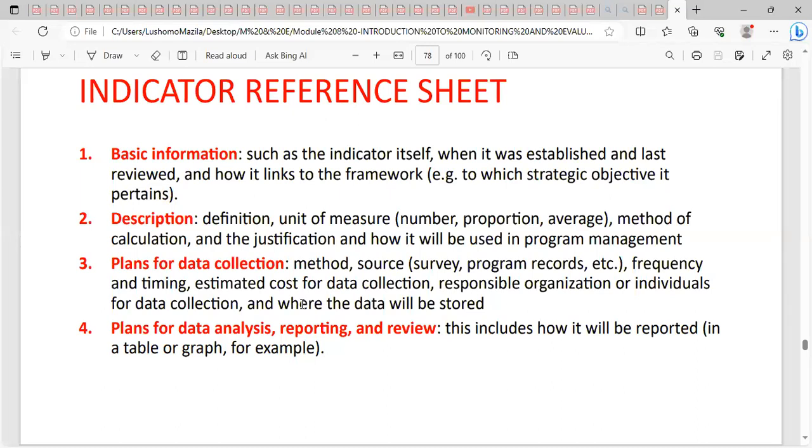Remember I was talking about the fertility rate. For the fertility rate, the methods could be, if you are using primary data. Do you understand primary data and secondary data?